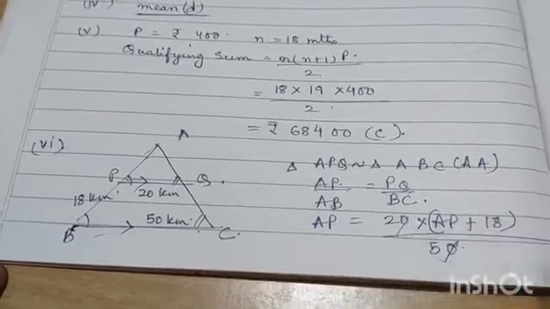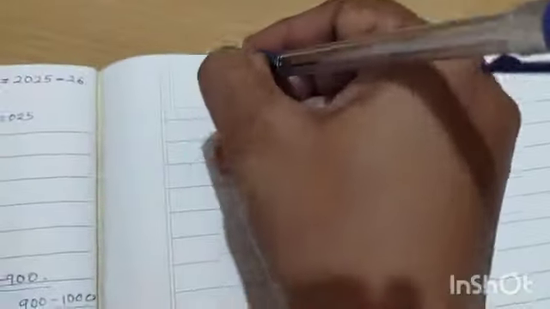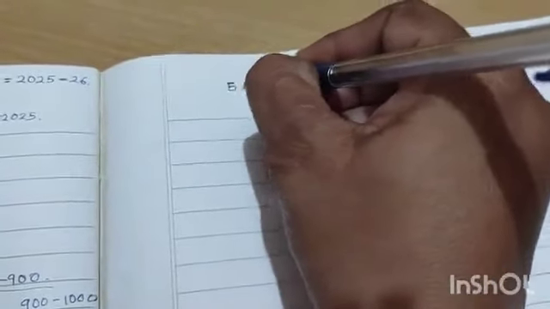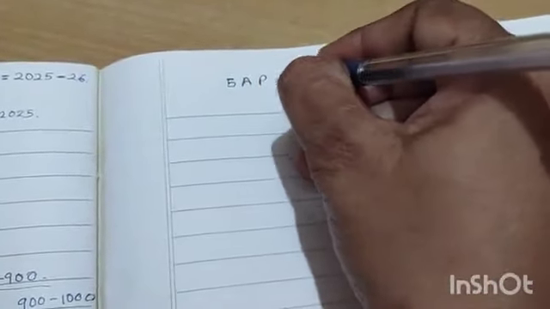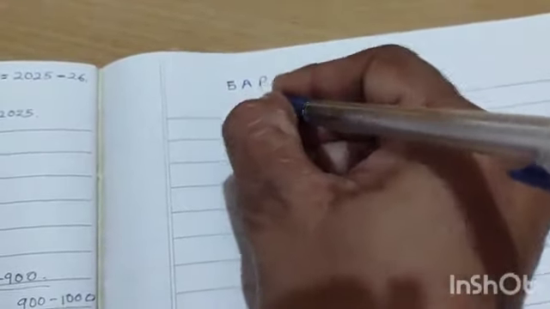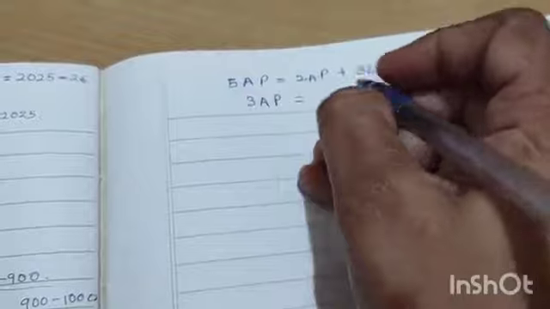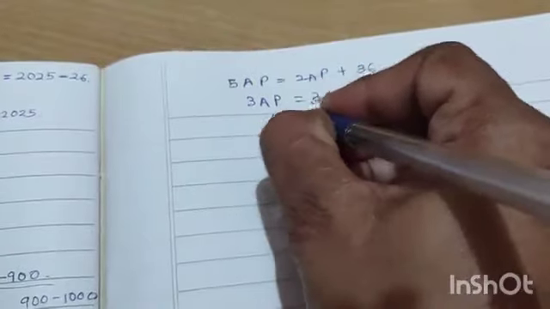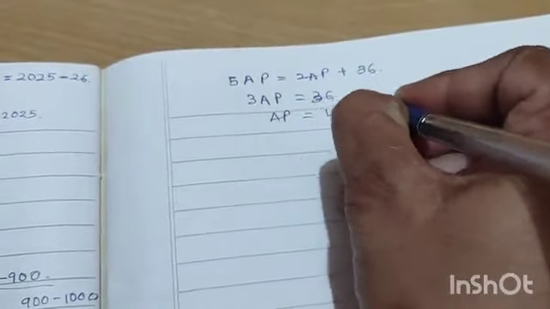So we simplify this, we get 5AP is equal to 2AP plus 36, or 3AP is equal to 36, or AP is equal to 12 kilometers.